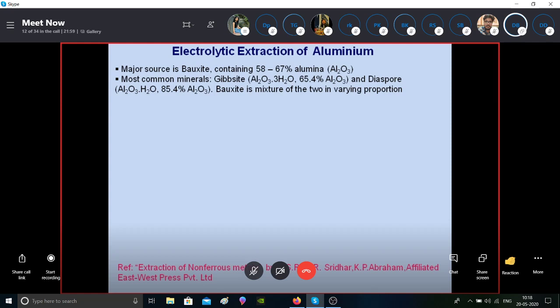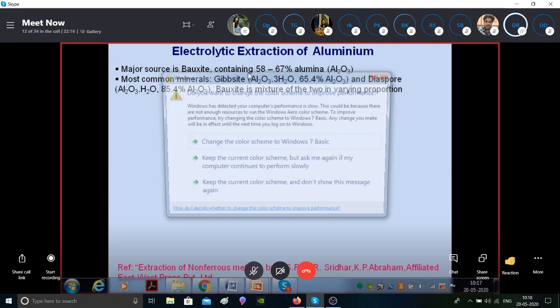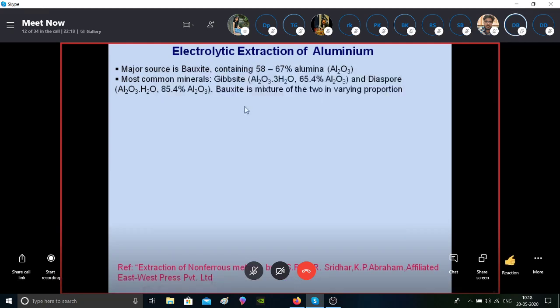I'll not cover that part, but what I intend to say is that the Indian bauxite contains around 58 to 67% alumina, and this is nothing but a mixture of two minerals.